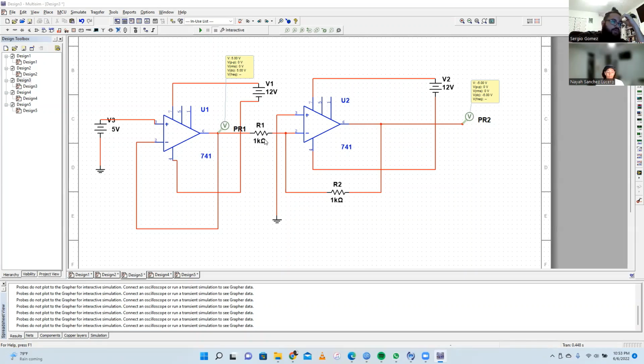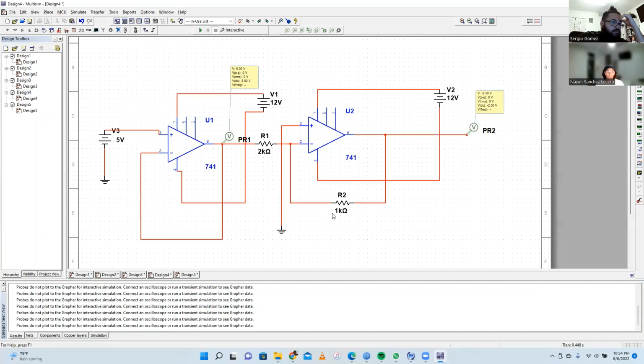Now it goes through this R sub 1 resistor going into the circuit here for 741U2. 741U2 is set up as an inverting amplifier with a resistor 1 of 1 kilo ohms and resistor 2 of 1 kilo ohms equivalent to each other. So what ends up happening here is we have a V sub O2 of -5 volts. This correlates since this is an inverting amplifier, so therefore our output voltage from the entire circuit is -5, or the inverse of what the input voltage was.